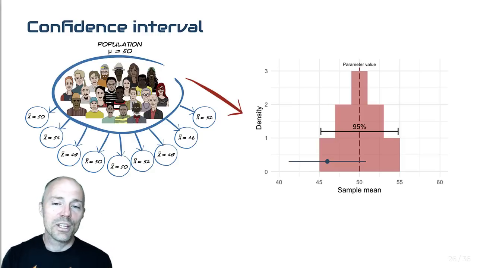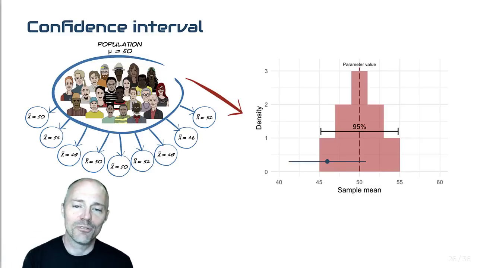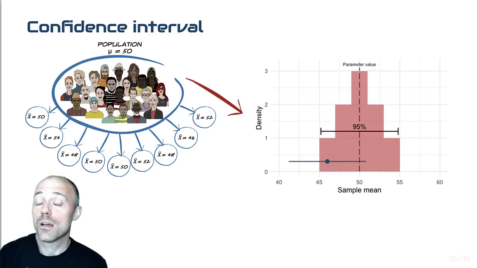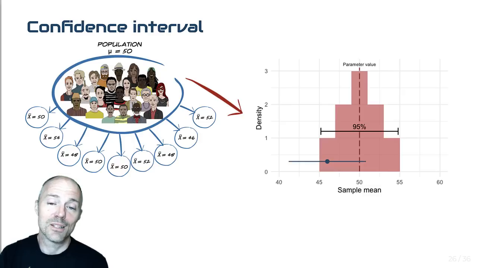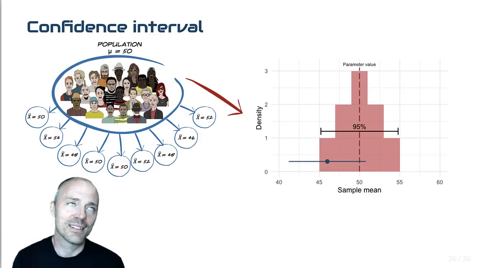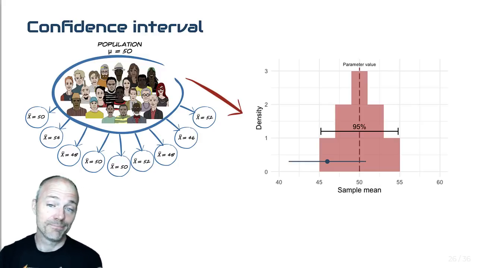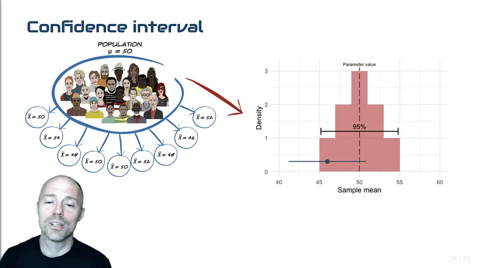Well, let's say that we wanted to create a 95% confidence interval. We know, because the sampling distribution is normal, that 95% of scores will fall within 1.96 standard errors of the center. That's a property of the normal distribution. So let's do that.